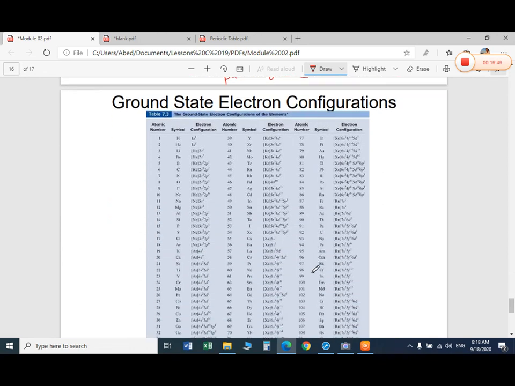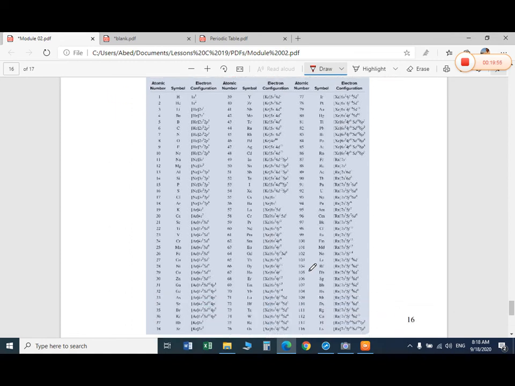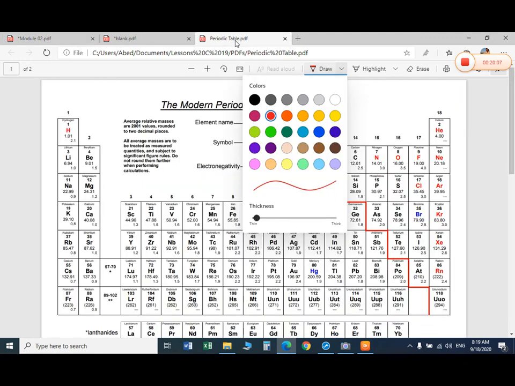So the last thing is the short method of writing the electronic configuration. To understand this, it is very easy. Instead of writing a very long configuration, this is a method to make it short. So for this you have to understand the periodic table.